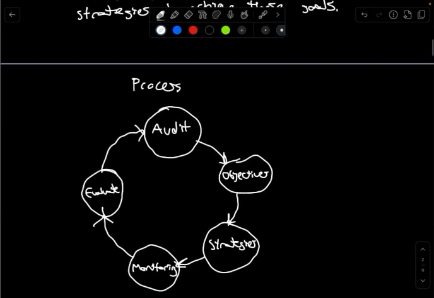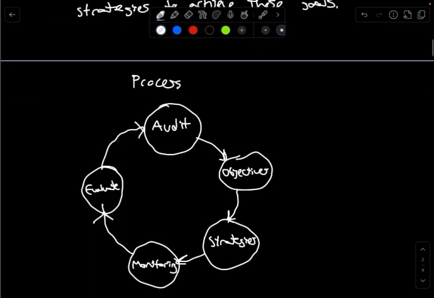And this is the marketing planning process cycle. So marketing audit is the examination of the current market conditions. The marketing objectives are the marketing goals and targets that a company wants to achieve. Strategies is the plan, obviously, that they'll apply.